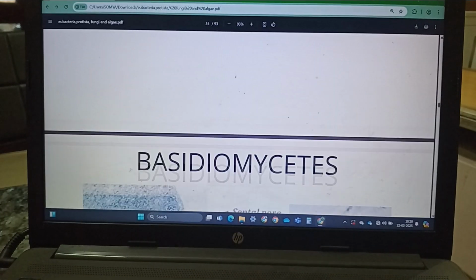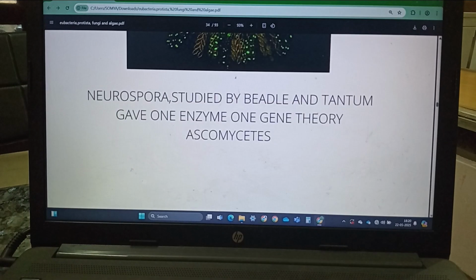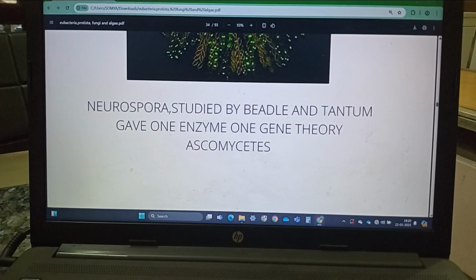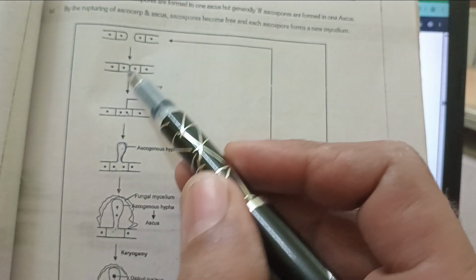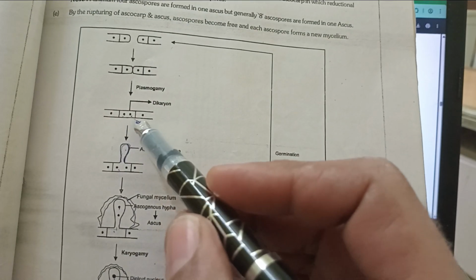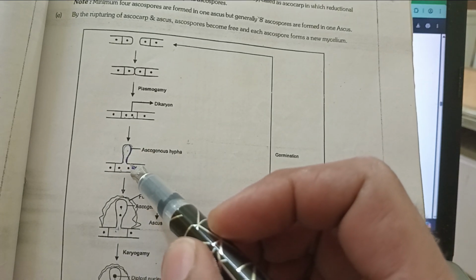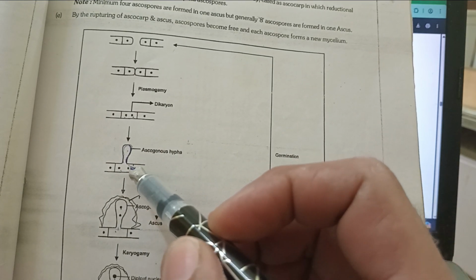This was Ascomycetes. I want to show you how sexual reproduction takes place in the Ascomycetes. Here we are seeing plasmogamy occurring, the dikaryotic stage appears, and ascogenous hyphae are produced.